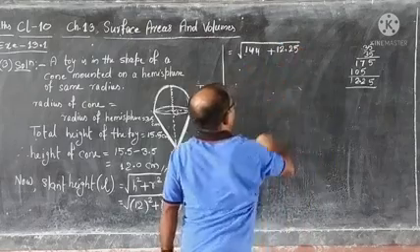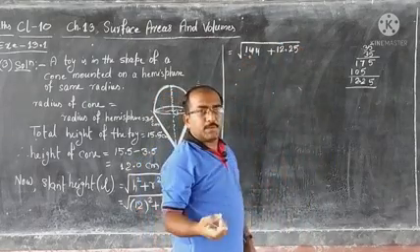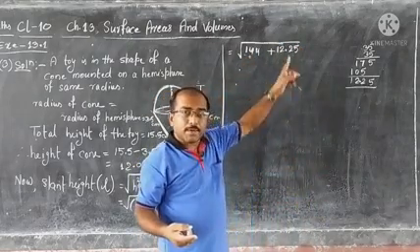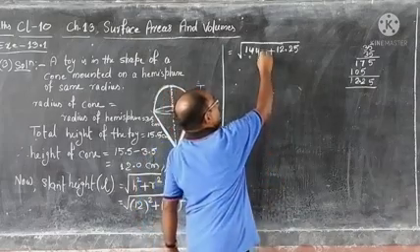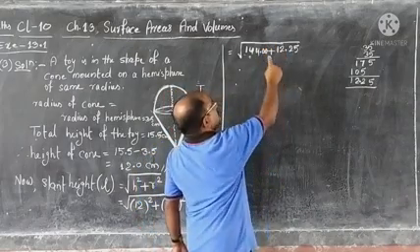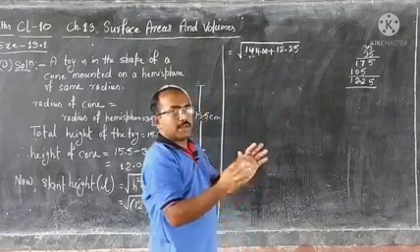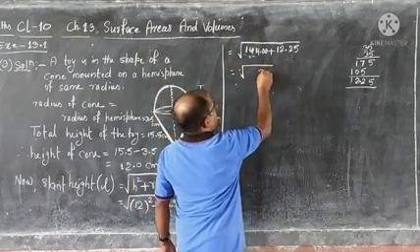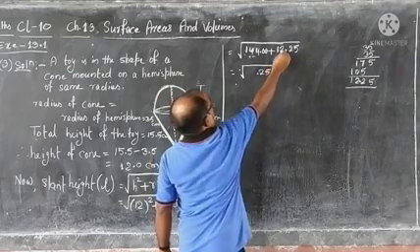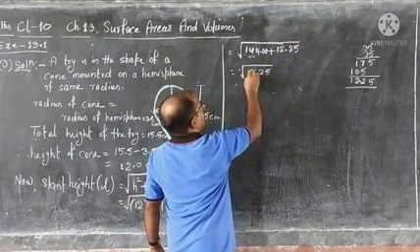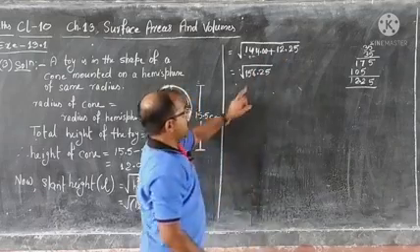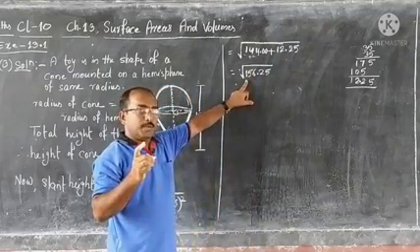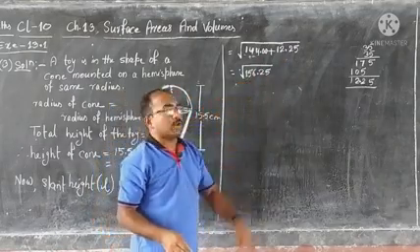We will add this to 144, which does not have a decimal digit, while 12.25 has 2 decimal digits. So, we will put 2 zeros just to make the addition easy and then add them. We find 156.25. What is this? The square root of 156.25.